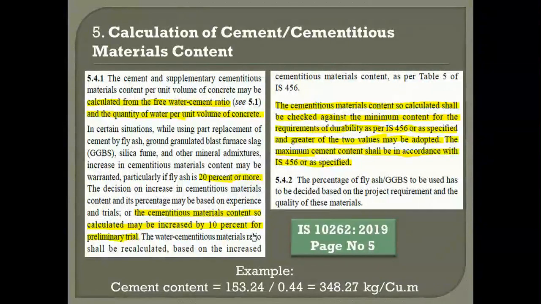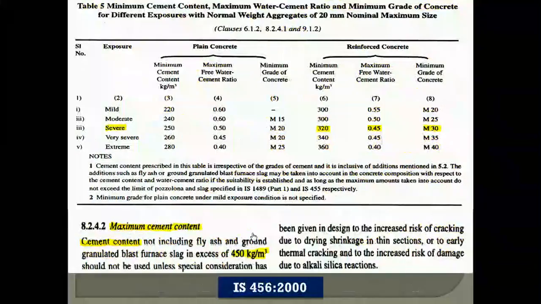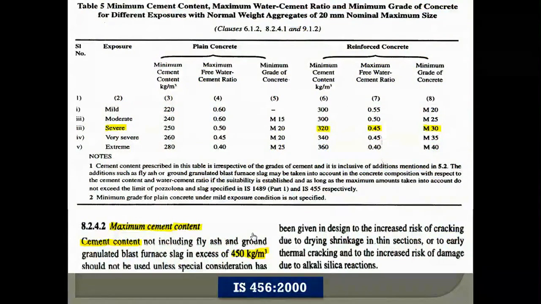Whatever cement content we got from the example is 348.27, so it is more than the minimum cement content. Fine. Next, the maximum free water cement ratio says 0.45. Whatever we assumed from the graph is 0.44, so it is less than 0.45, that is also fine.